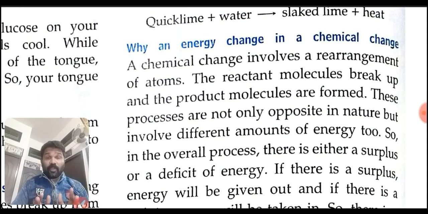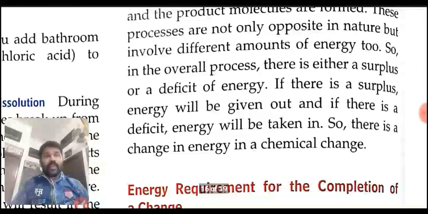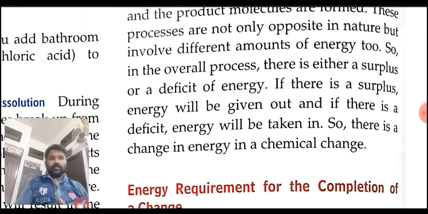These processes are not only opposite in nature but involve different amounts of energy too. So in the overall process, there is either a surplus or a deficit of energy.